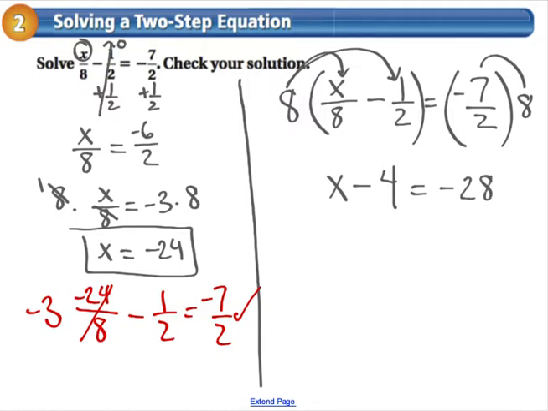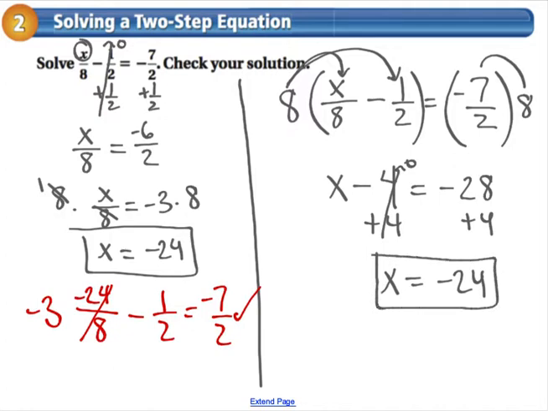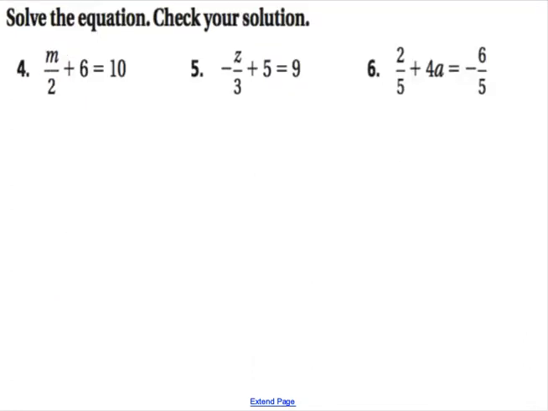Okay, so we get x minus 4 equals negative 28. We go ahead and add the 4 to both sides to get a 0 here. And x equals negative 24. We do get the exact same answer. So this is a trick that sometimes will be helpful. If you multiply both sides by the common denominator, it will get rid of the fractions.